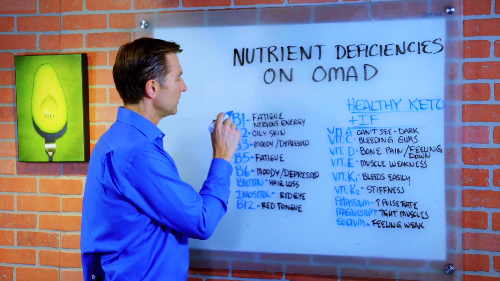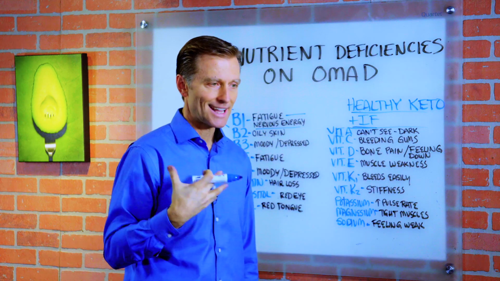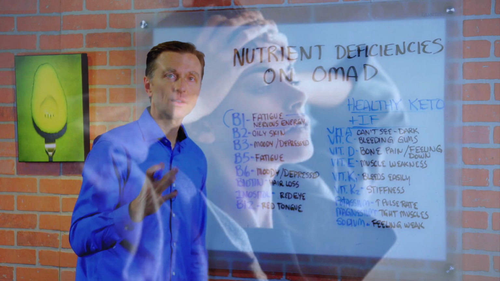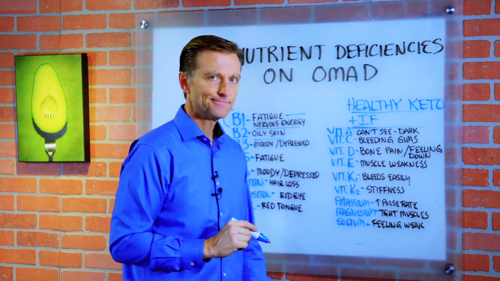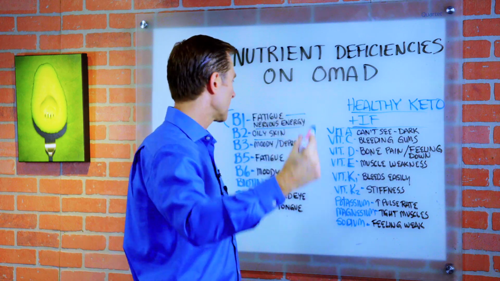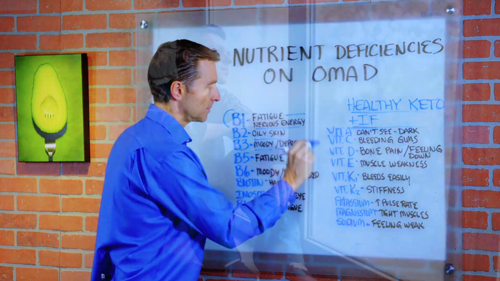Now, if you're deficient in vitamin B1, the first symptom would be fatigue and especially nervous energy, this nervous anxiety, this pressure that builds up. You can't relax. You want to strangle someone. B2, oily skin, and then flaky skin, and then the list goes on and on. B3, moody, depressed.